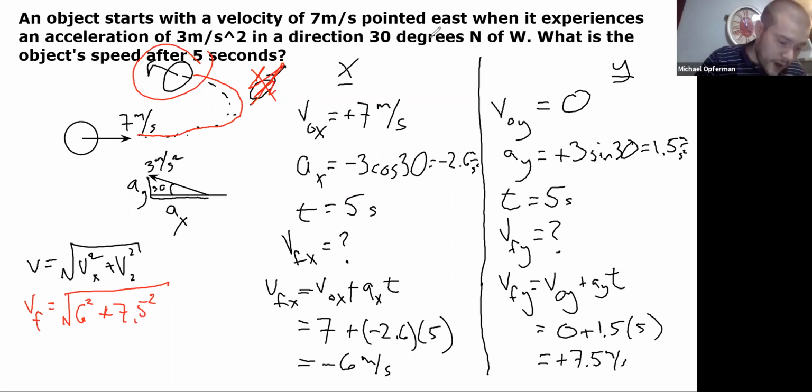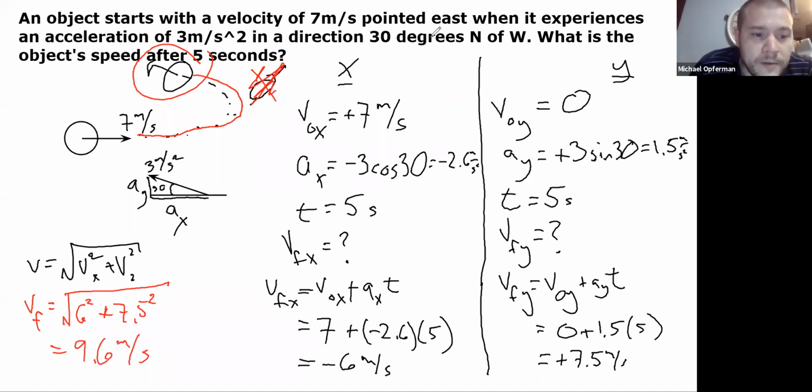You can write it in there if you want to, but it's inside the parentheses if you write it. And this gives me 9.6 meters per second.